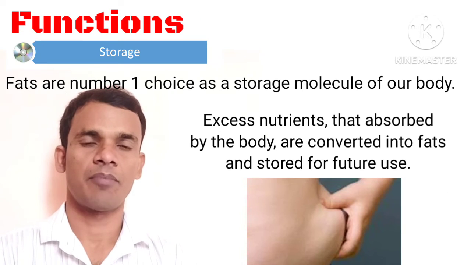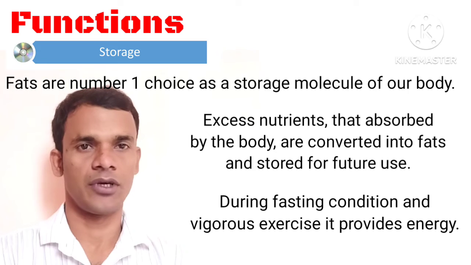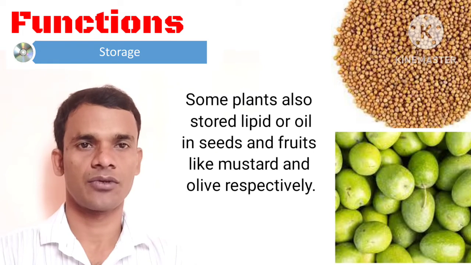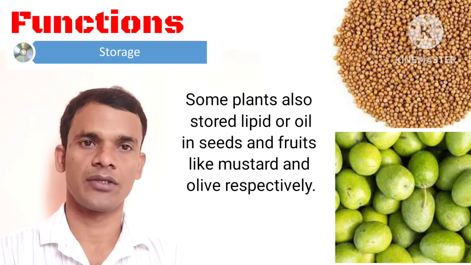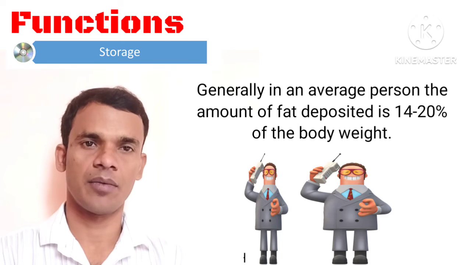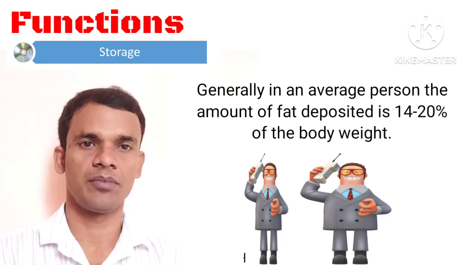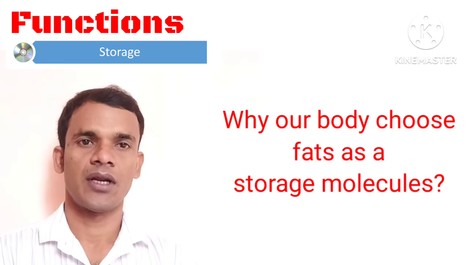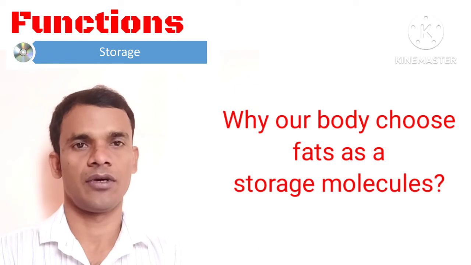Fats are the number one choice as a storage molecule of our body. Not only animals, some plants also store lipids or oils in seeds and fruits like mustard and olive respectively. Generally, in an average person, the amount of fat deposited is 14 to 20% of the body weight. Now the question is why fat is always stored.